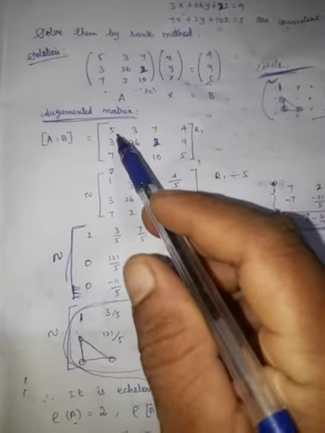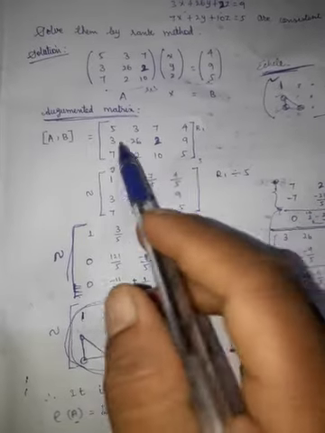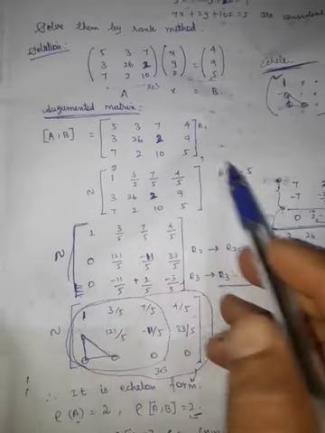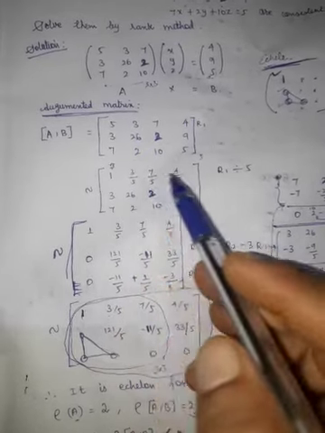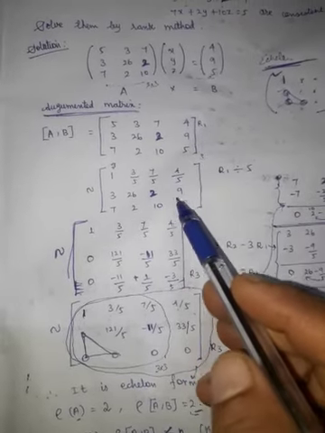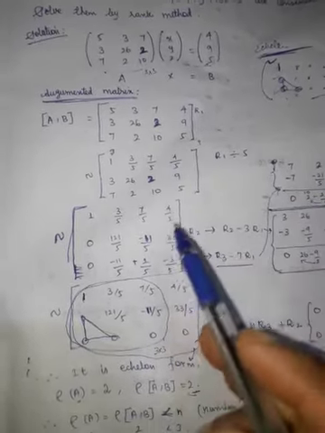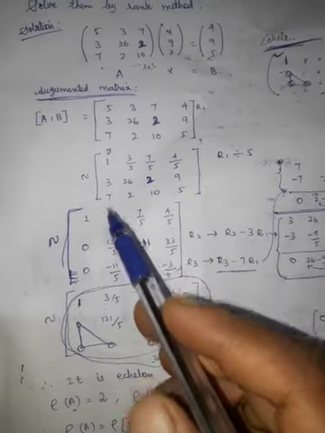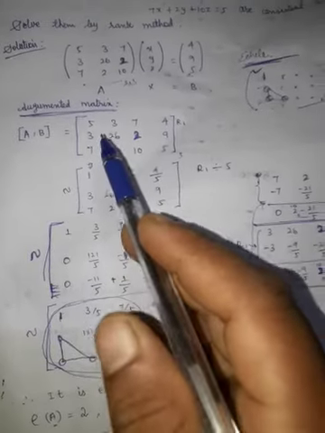If we divide by 5, we get 1 in this place. So 1, 3 by 5, 7 by 5, 4 by 5. For row 2 and row 3, write the same values down here. In the next matrix, the first place of the second row and of the third row should change from 1 to 0.